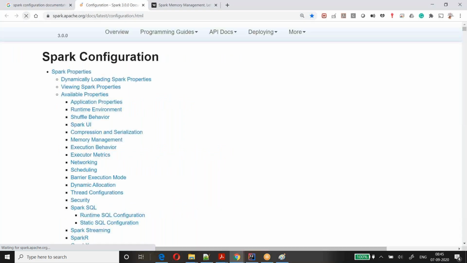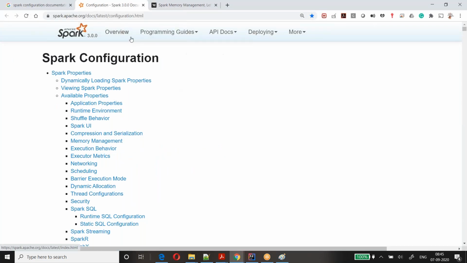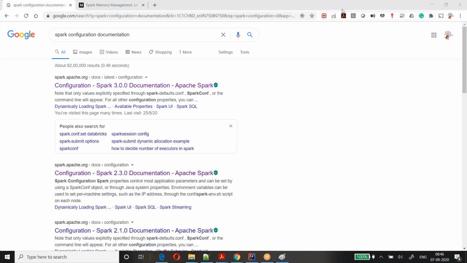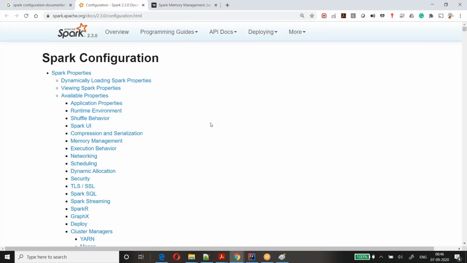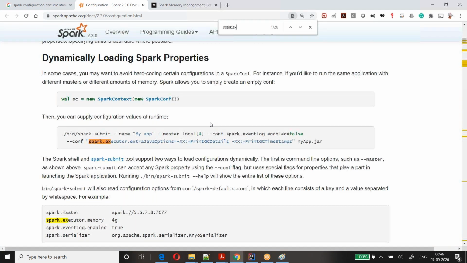Instead of going for version 3, go with the other version, something specific to 2.4. Guys, please let me know if anyone has a confusion or is not able to follow, because I'm trying to show it in detail. Okay, search for spark.executor.memory.